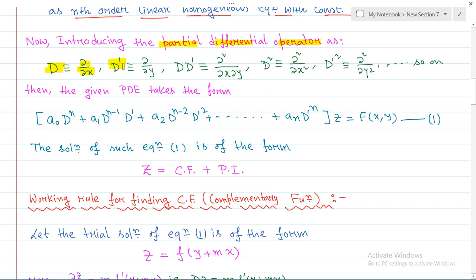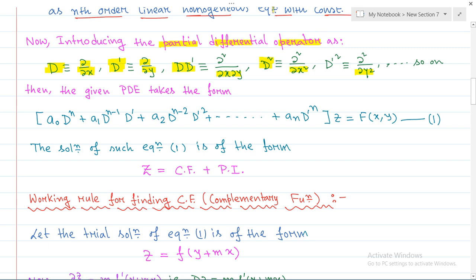D dash stands for the first order partial derivative with respect to y. D and D dash together stand for the second order partial derivative, one with respect to x and another with respect to y. D squared stands for the second order partial derivative with respect to x. D dash squared is the second order partial derivative with respect to y, and so on.